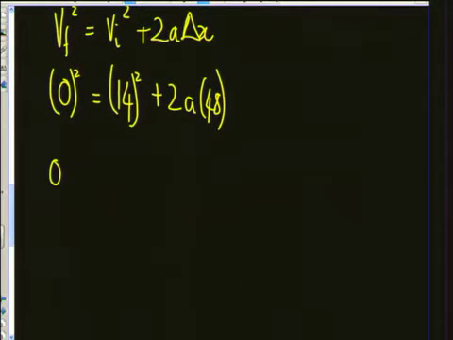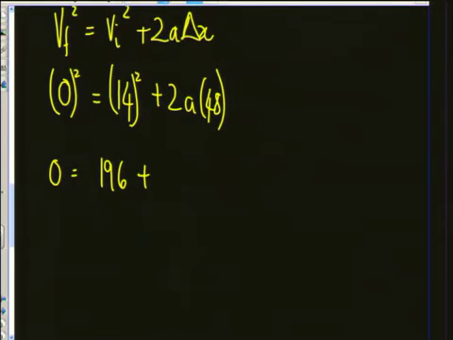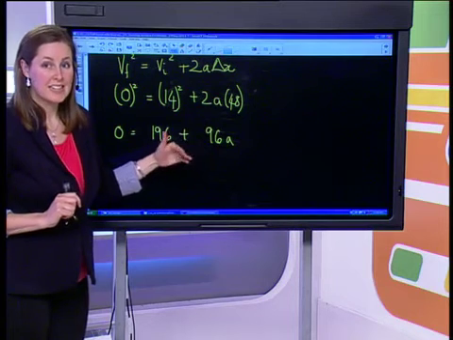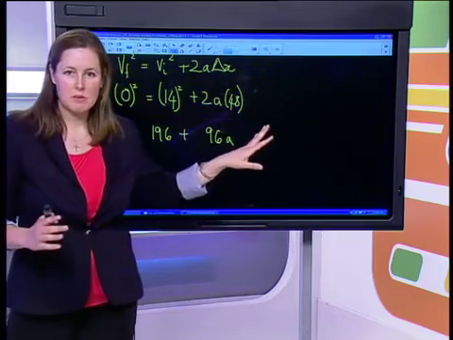So that's 0 is equal to 196 plus 2 times 48, which equals 96, so over here it's 96a. Now that might look a lot simpler to solve, and it is, because you've already done the square and already multiplied by 2 and all of that.